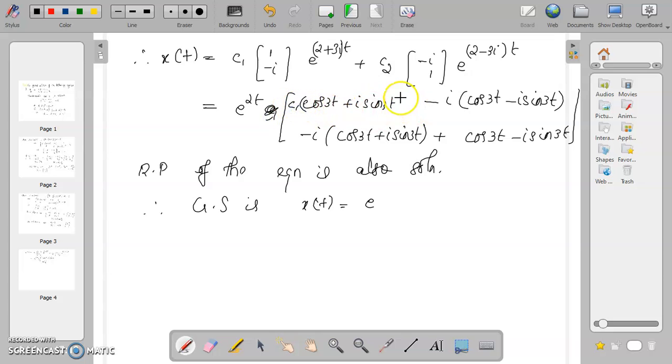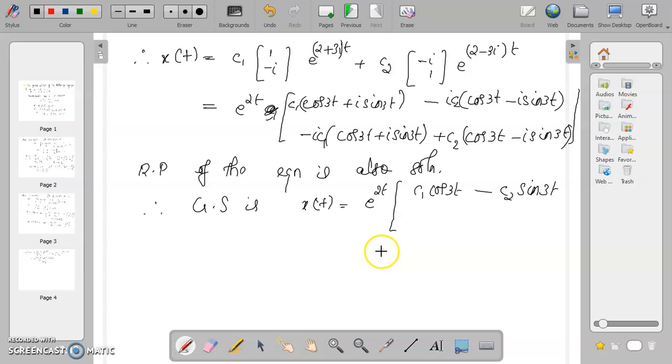So c1 will be here, then c2. Okay, so you have e raised to 2t into, the real part is c1 cos 3t, then i square is minus 1, so that will be minus c2 sin 3t.